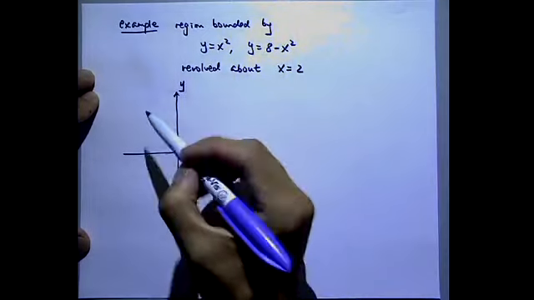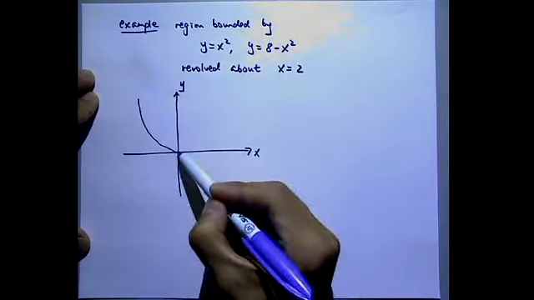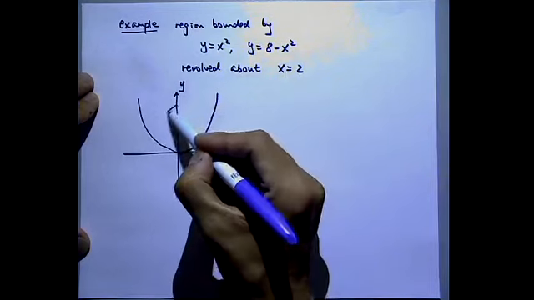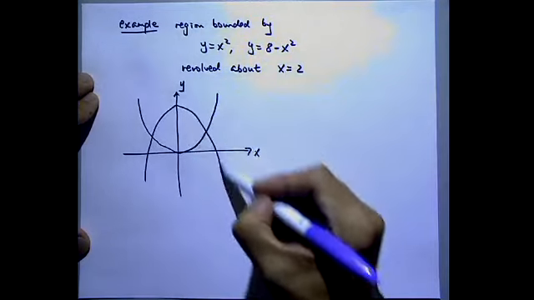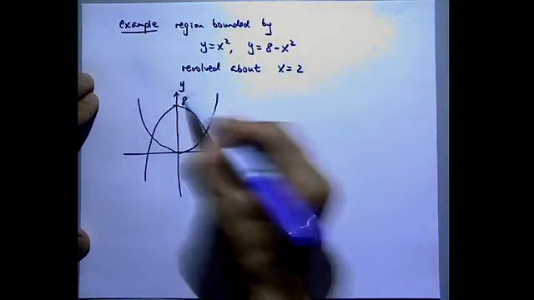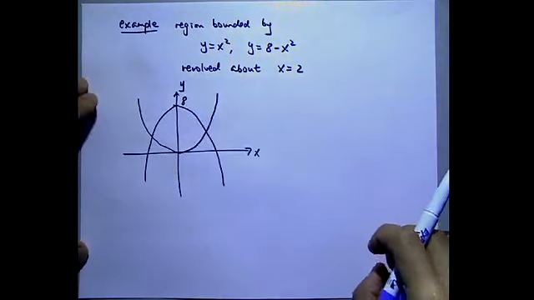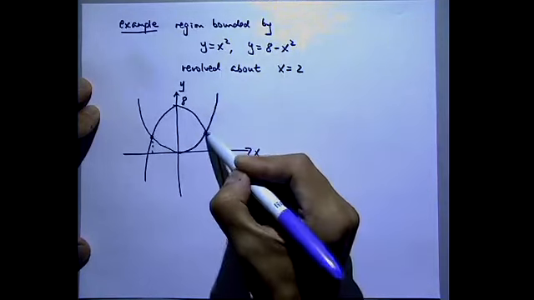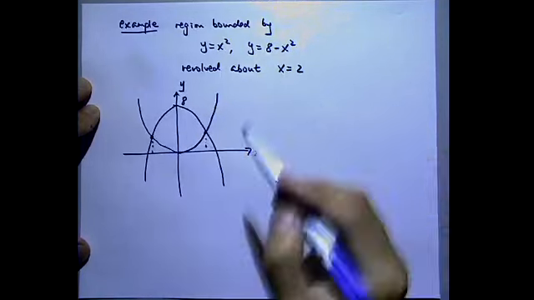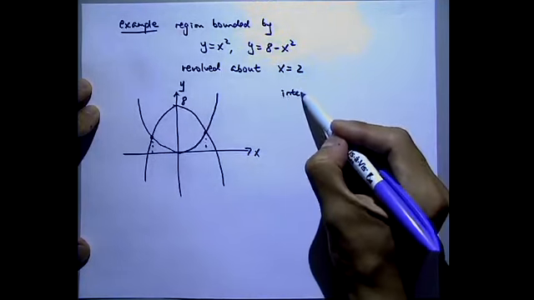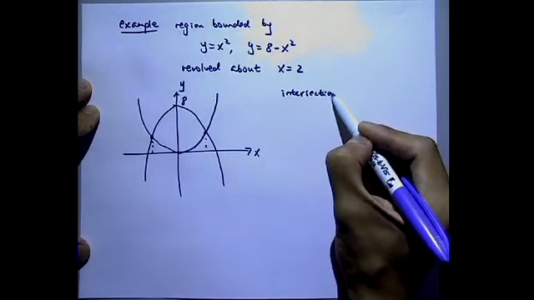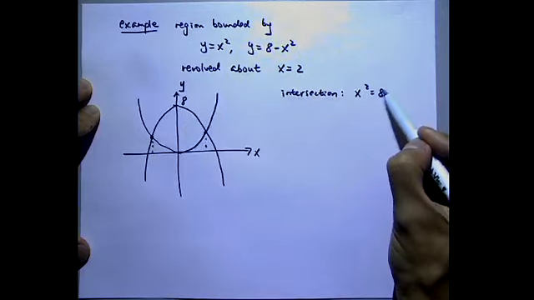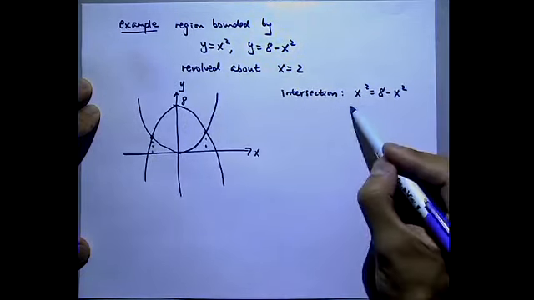All right, so these are simple shapes. Y is equal to x squared. 8 minus x squared. Same thing, but pointing down, has a vertex at y is equal to 8. The intersection points are relevant. Okay, so we set x squared to be 8 minus x squared.